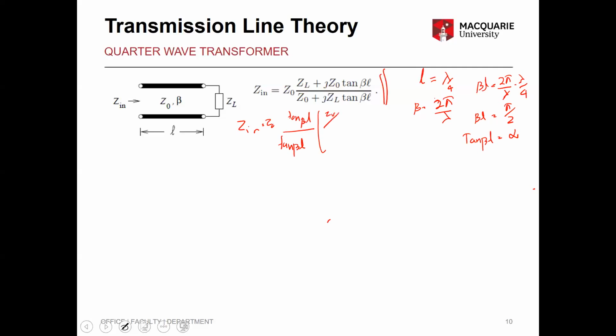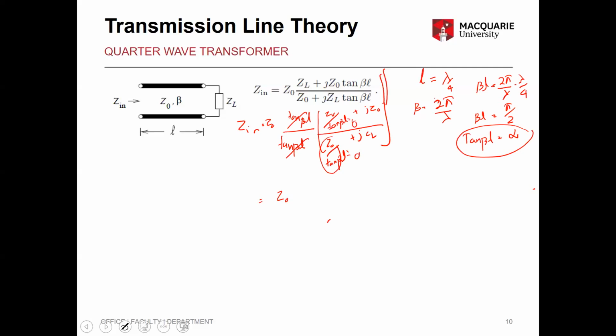So if I rearrange this term, take tan beta L out, I get Z load over tan beta L plus jZ naught, over Z naught over tan beta L plus jZ load. Now because it's infinity, that cancels out, this becomes 0, this becomes 0.